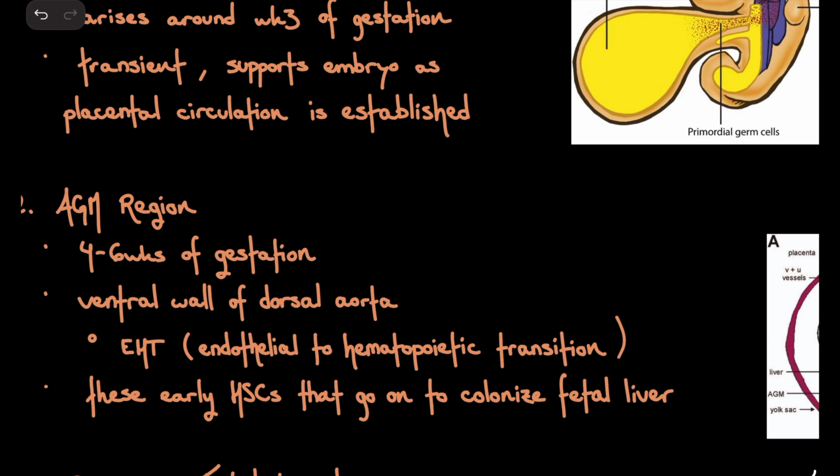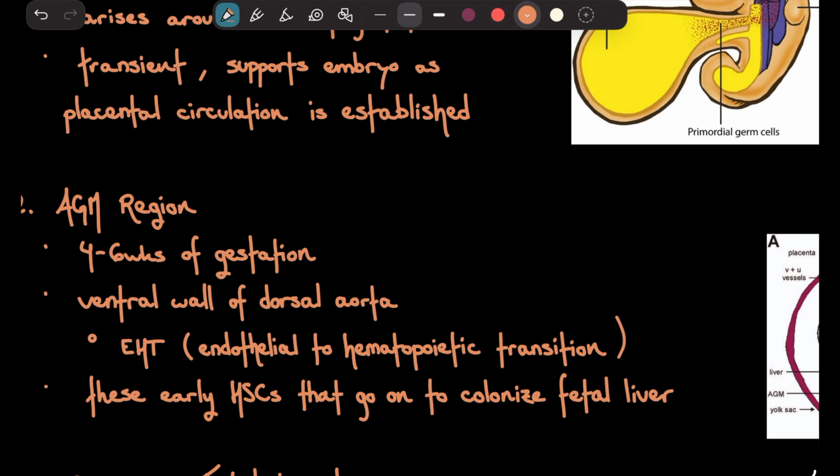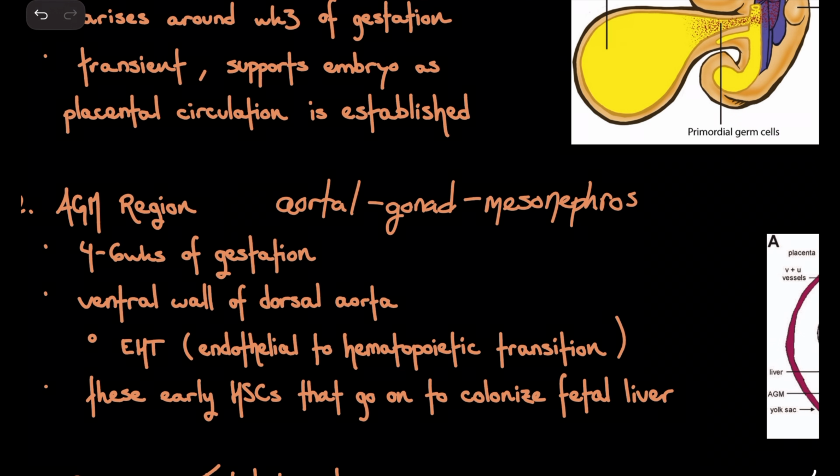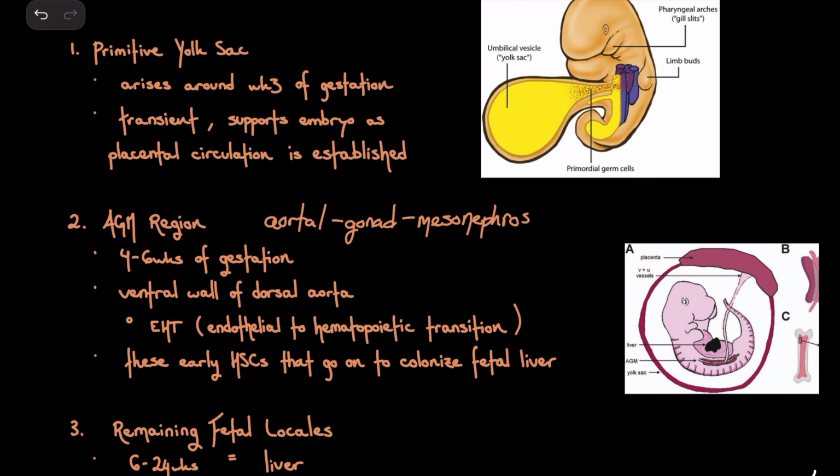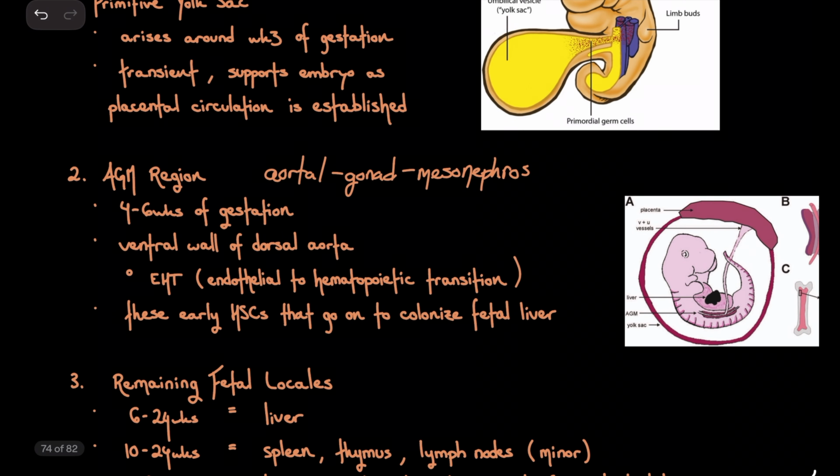You don't need to know, but it is the aorta, gonad, mesonephros. If you really wanted to know that, awesome, but I am in no way going to ask a question on that. I just wanted to include it because I just think it's cool.